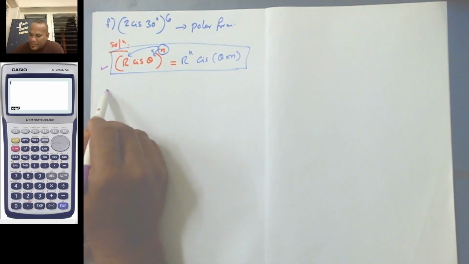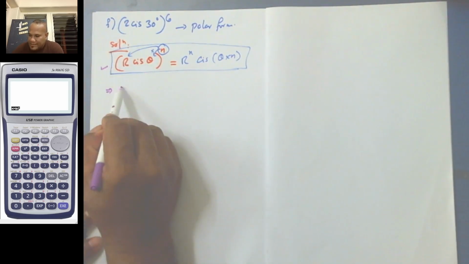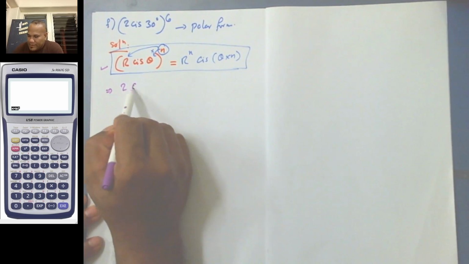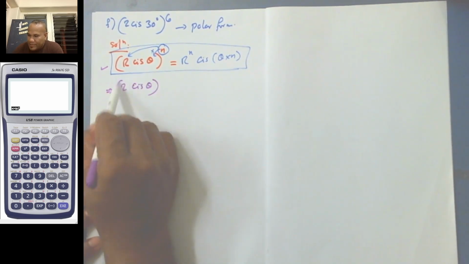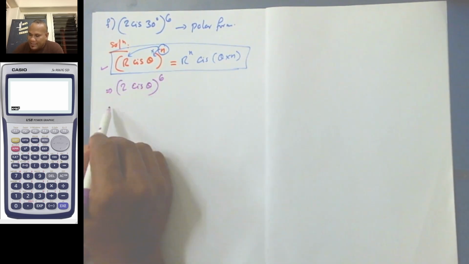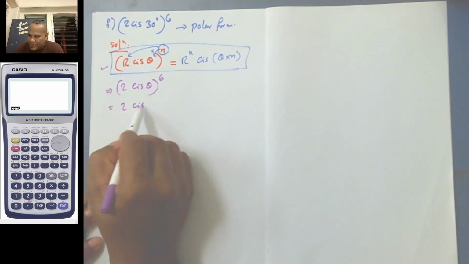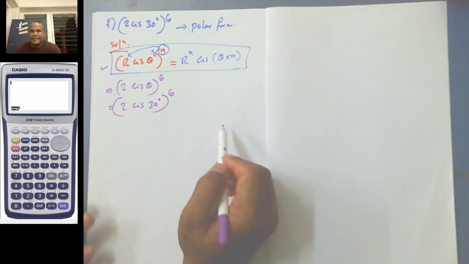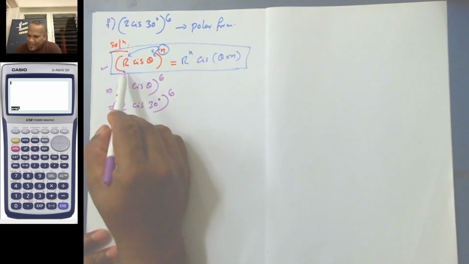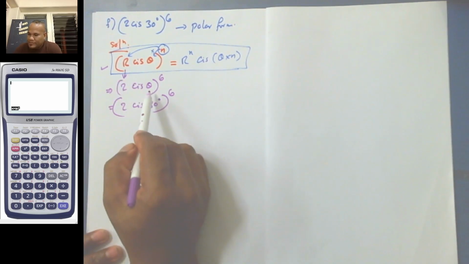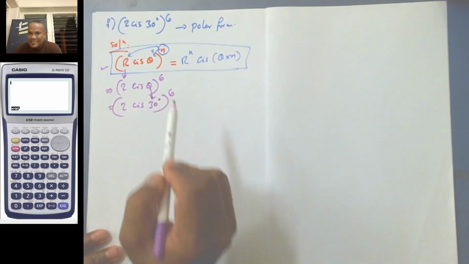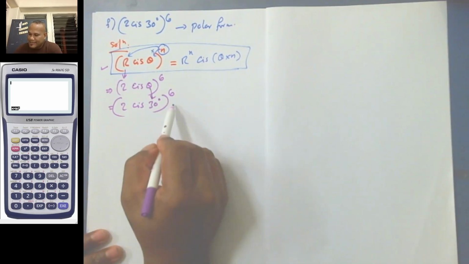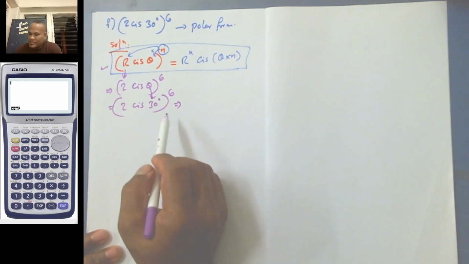So I'll rewrite this as r cis theta to the power of 6. Now what is r? r in our case is 2, and theta in our case is 30 degrees. So let's try and solve them.